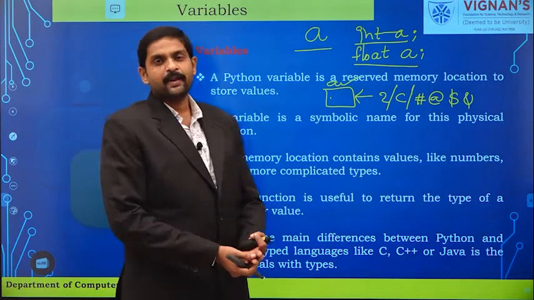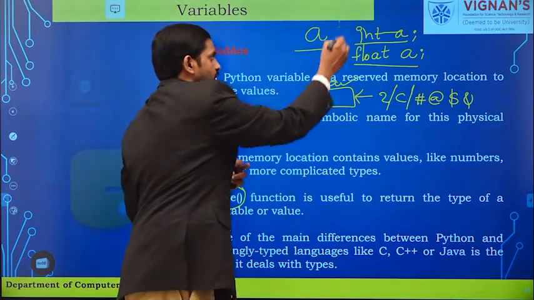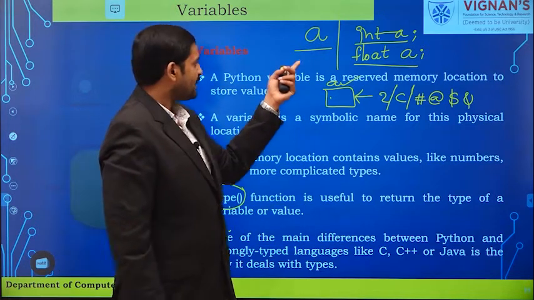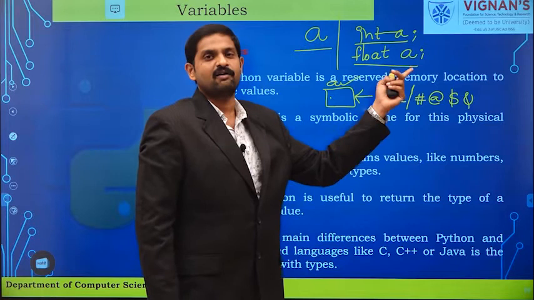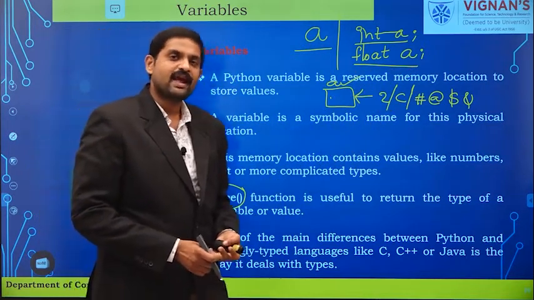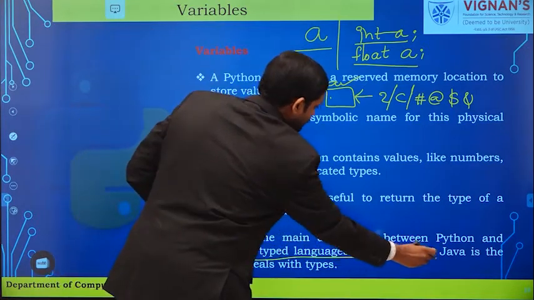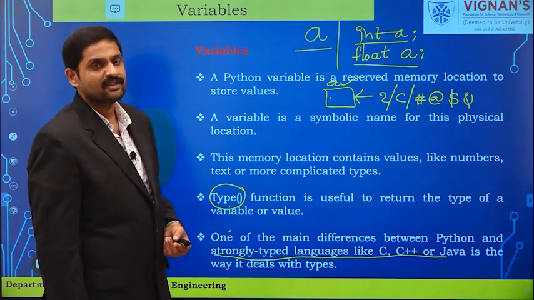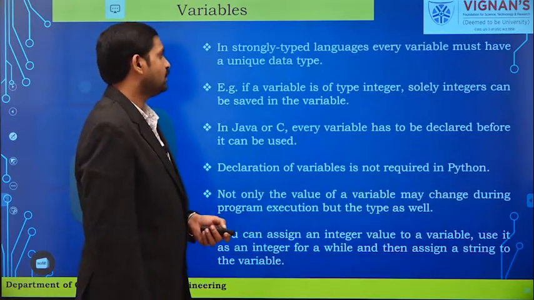Already I explained the difference between variables in Python and variables in C, C++, Java. The main difference between Python and strongly typed languages like C, C++, Java is the way it deals with types.